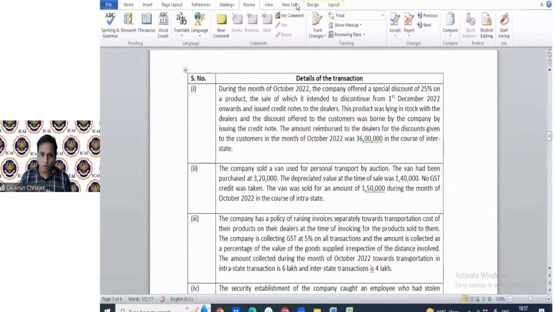During the month of October, the company offered a special discount on a product, the sale of which it intended to discontinue from 1st December 2022, and issued the credit note to the dealer. So there is a company, a dealer and a customer.